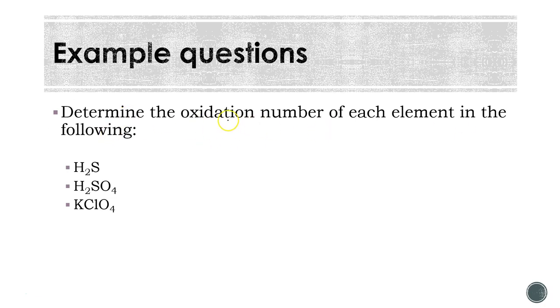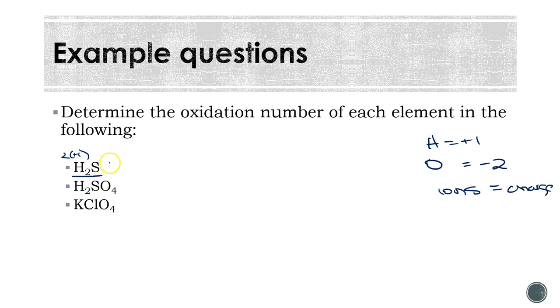Okay, so we're going to determine the oxidation number for each element, remembering that hydrogen is +1, oxygen is -2, and then ions are equal to the charge. So let's have a look. In H2S, I have 2 lots of +1.